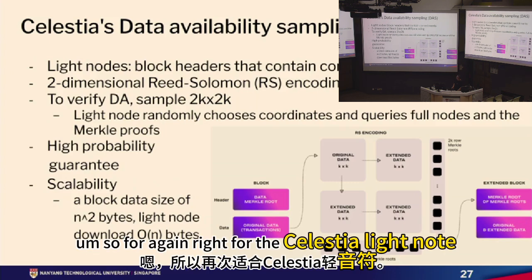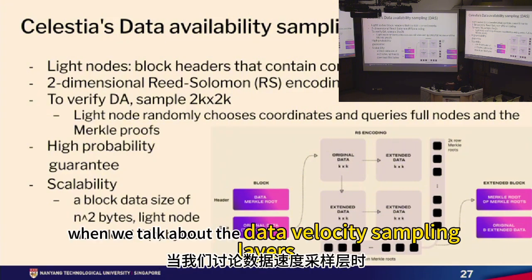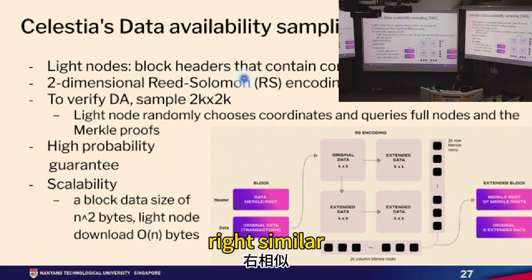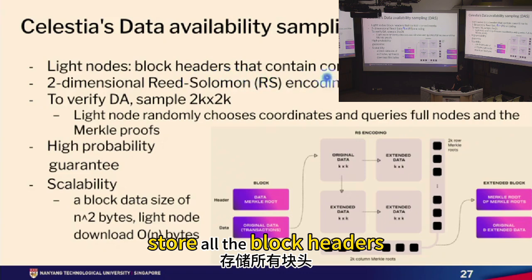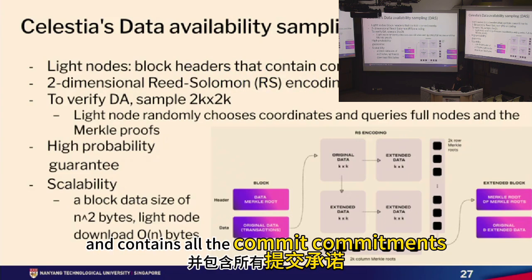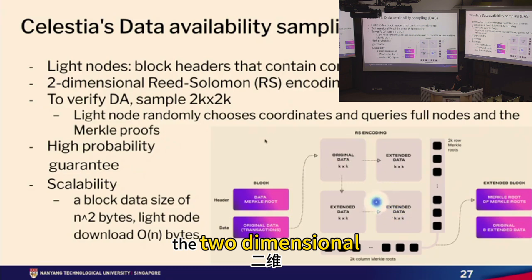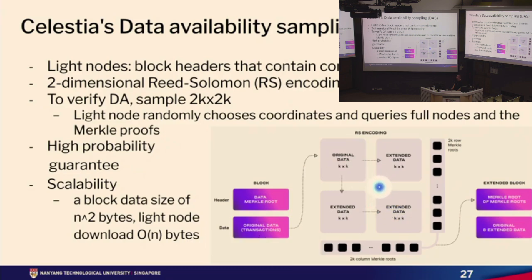So again, for the Celestia light node, when we talk about the data availability sampling layers, what the light node is trying to do here is similar: store all the block headers, which contain all the commitments. When they do the encoding, very similarly, they do the two-dimensional RS encoding.